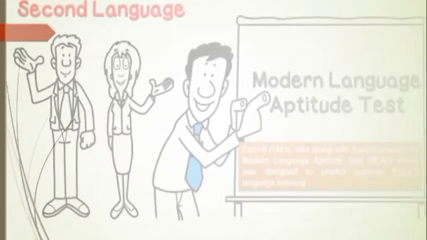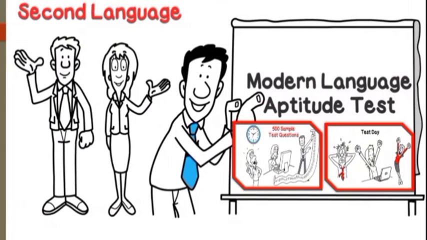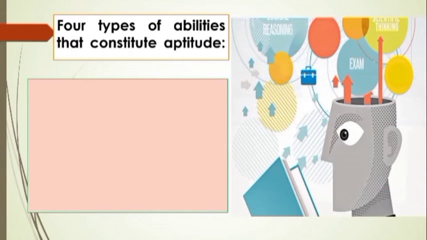Carroll and Sapon in 1963 created the Modern Language Aptitude Test, or MLAT, which was designed to predict success of foreign language learning and provides us with the following four types of abilities that constitute aptitude.